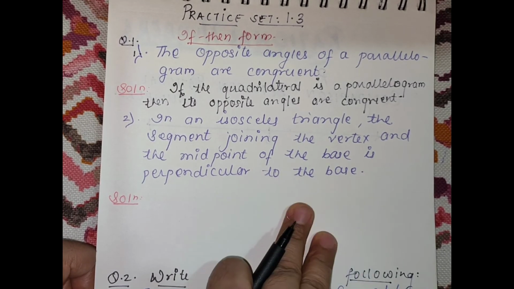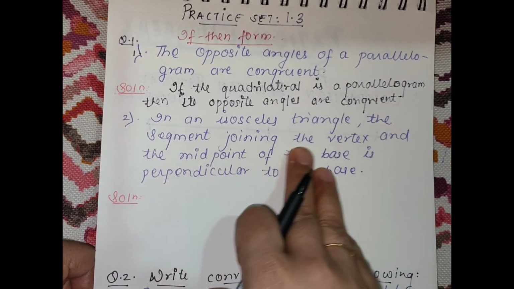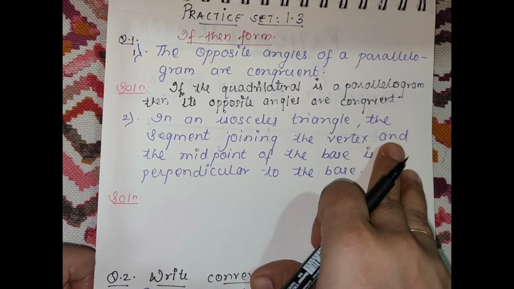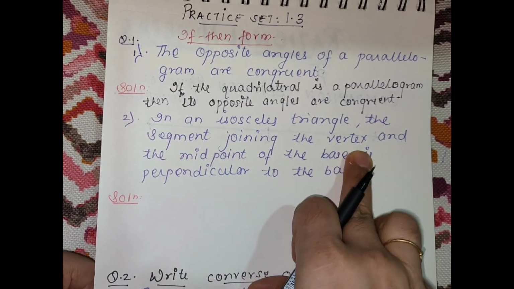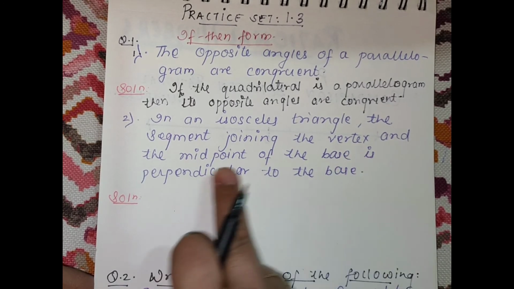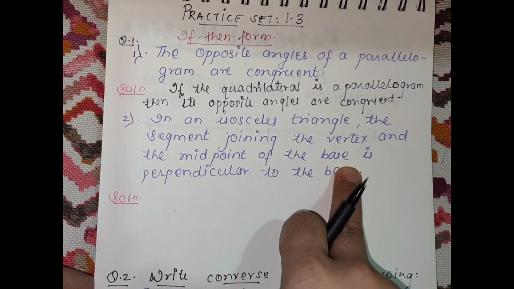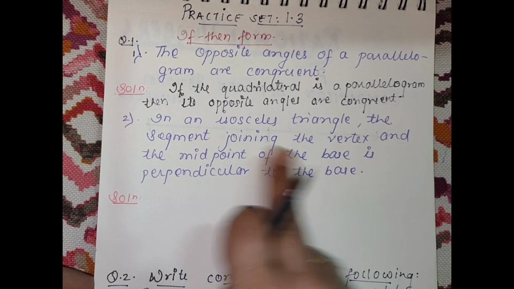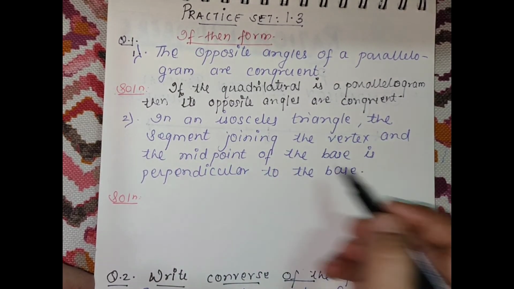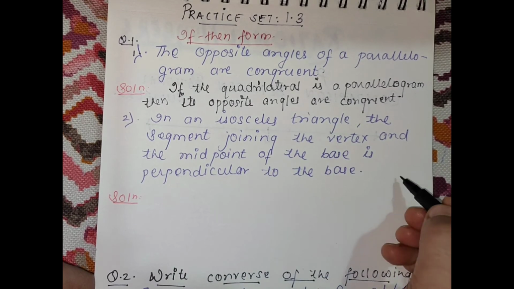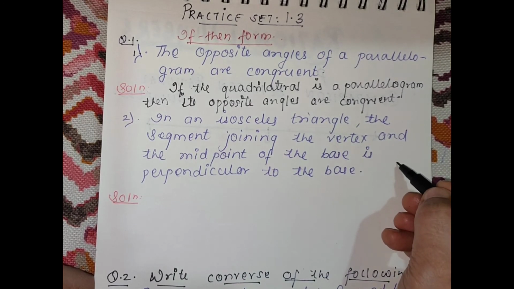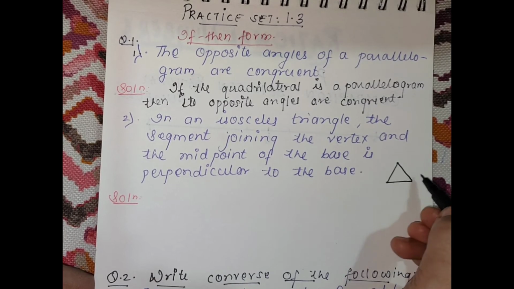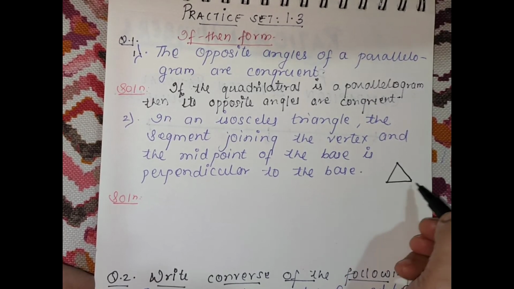Next question. In an isosceles triangle, the segment joining the vertex and the midpoint of the base is perpendicular to the base. Now this thing I will write through a diagram. You can understand, this is an isosceles triangle. Everybody knows isosceles: two sides are equal, base angles are congruent.